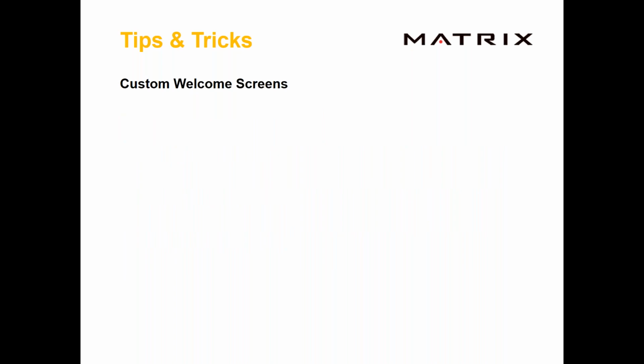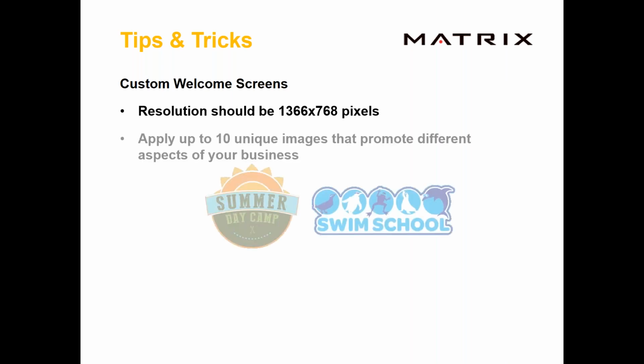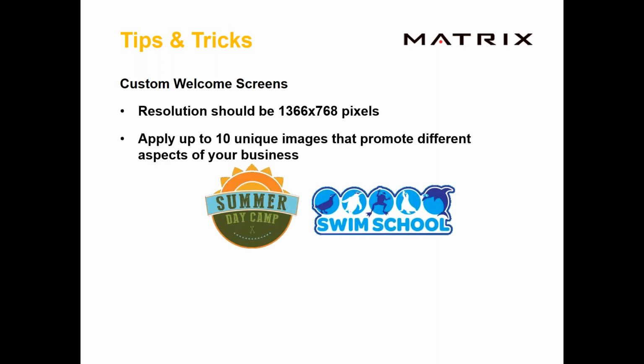When it comes to custom welcome screens, there's also some tips and tricks, and we'll start out with the basics, right? The resolution for these is going to be 1,366 by 768 pixels. You can apply up to 10 unique images that promote different aspects of your business.